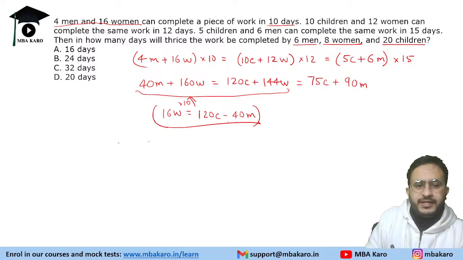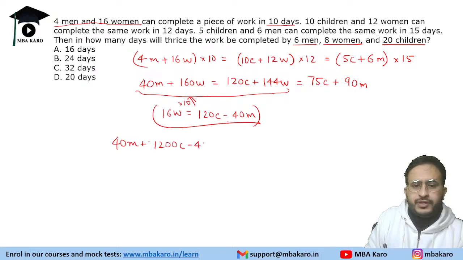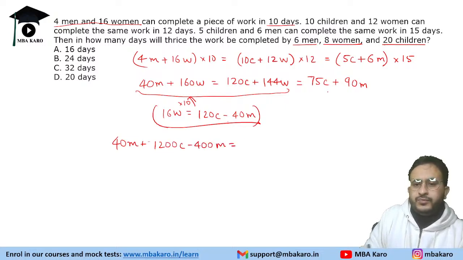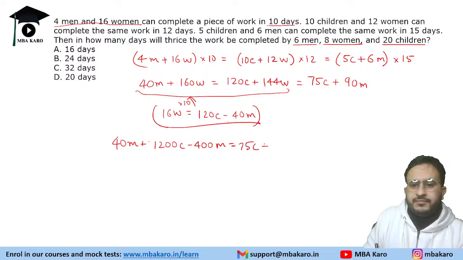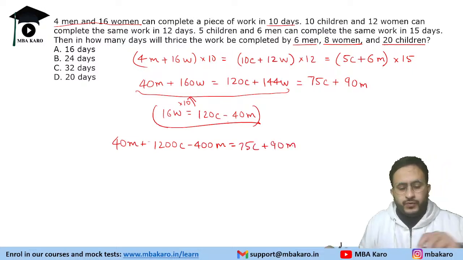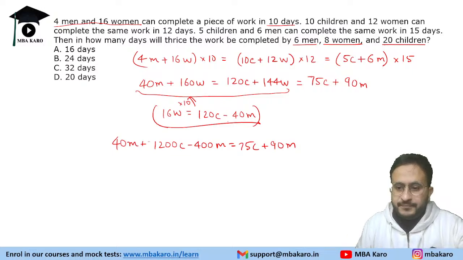So if you multiply 10 times, we have 40m plus 1200c minus 400m. That equals 75 children plus 90 men. Okay, so you will have too many equations, right?